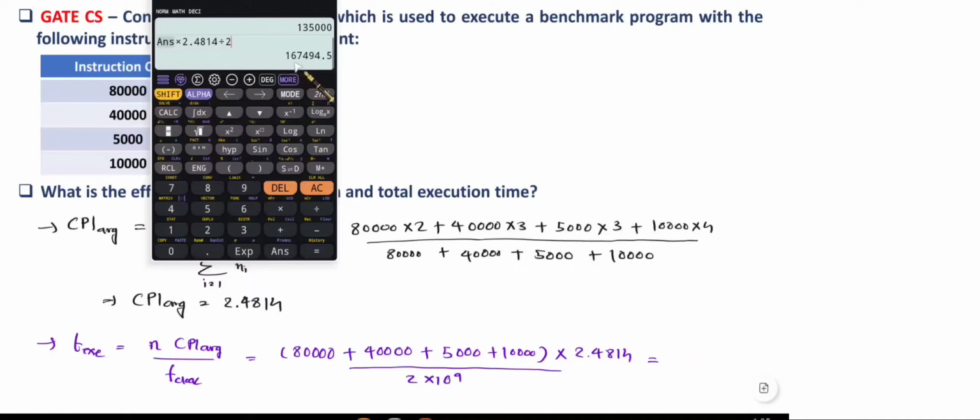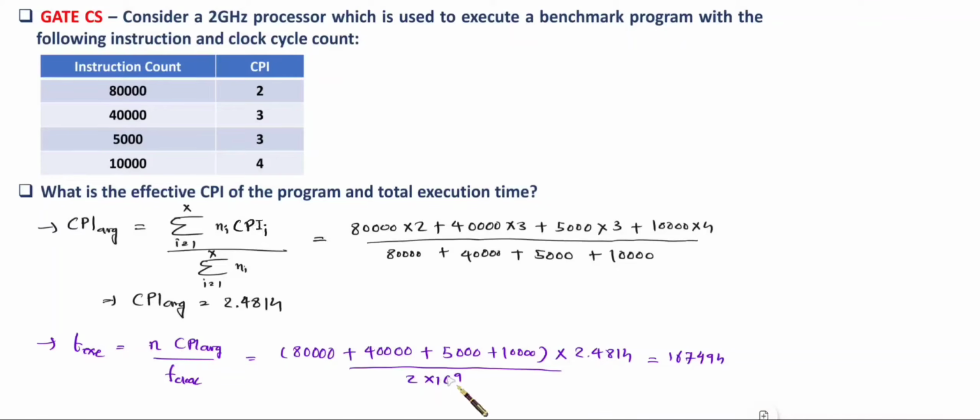So this will be 167,494 and this 10 to the power 9 will go in the numerator, that will be 10 to the power minus 9, right? So if you take this in terms of fractions, then you will have to take 3 digits over here. So that gives you 167.494 into 10 to the power minus 6.